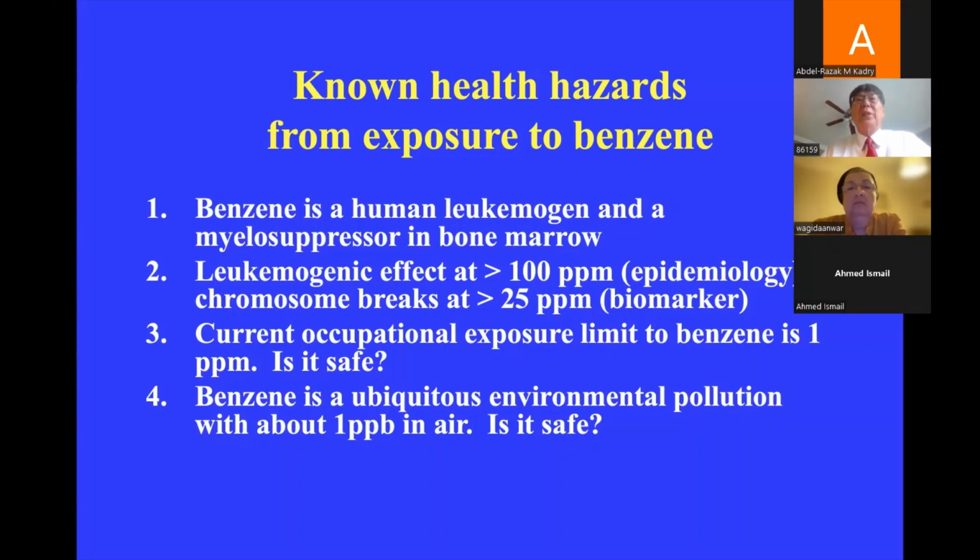These two confirm that exposure to benzene is hazardous and can cause health problems. From this, the occupational exposure limit has been set to be 1 part per million, as compared to the data of 100 and 25 parts per million.